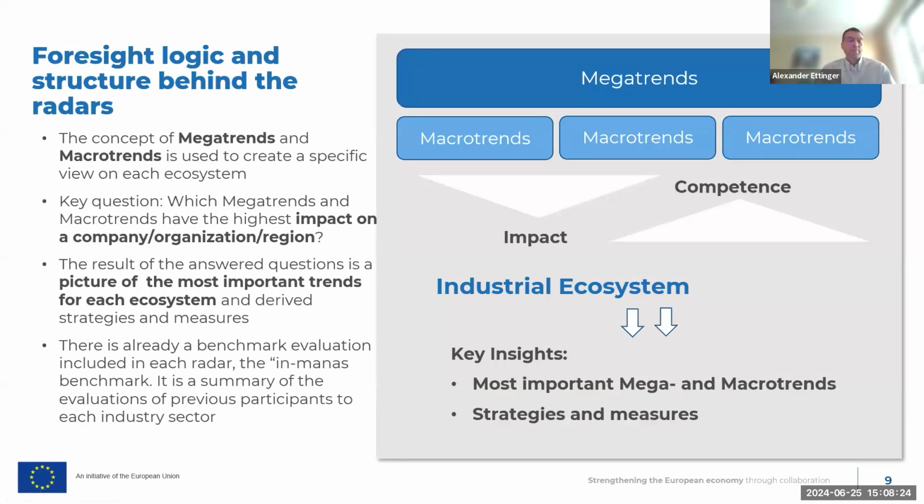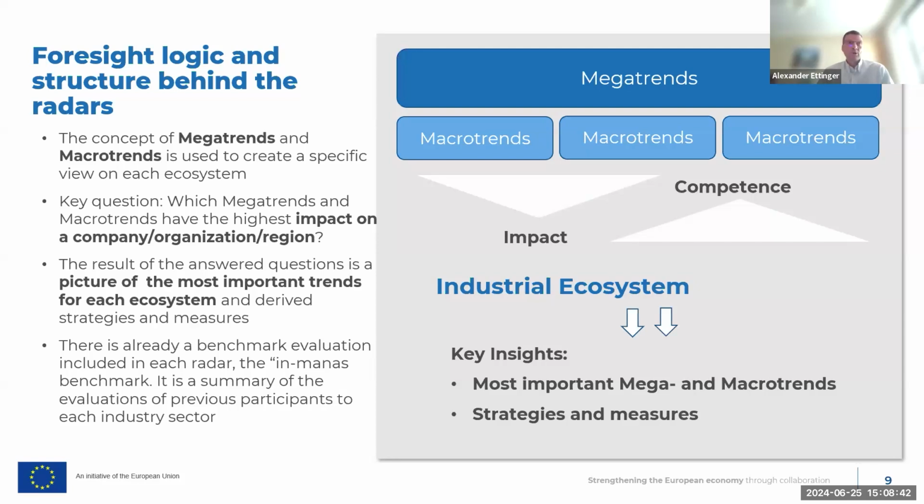As Leonard has already mentioned, the foresight logic and the structure behind the trend radar is the following. We use the concept of the megatrends and the macro trends to create a specific view of each ecosystem.